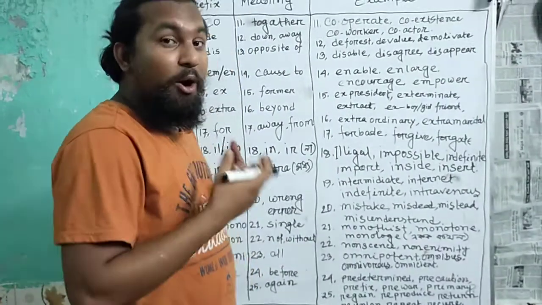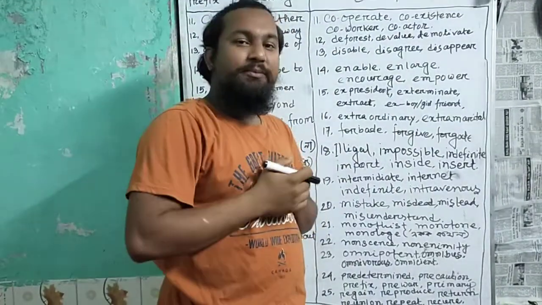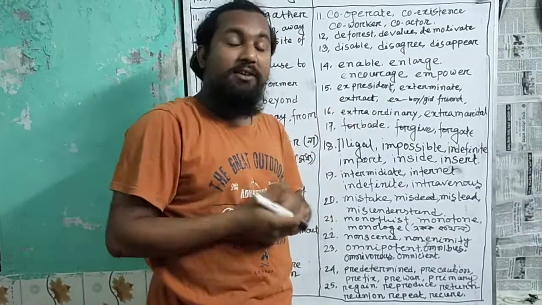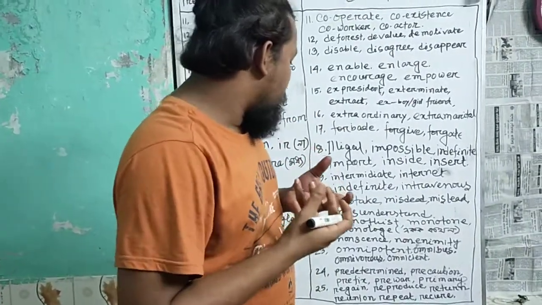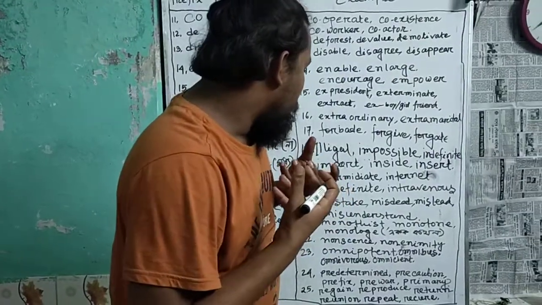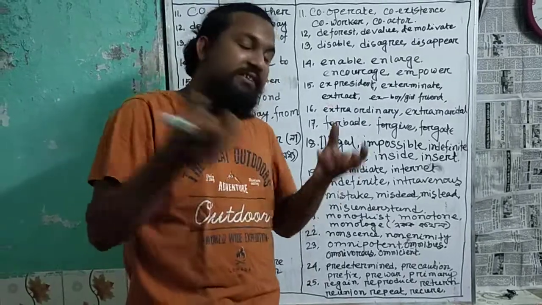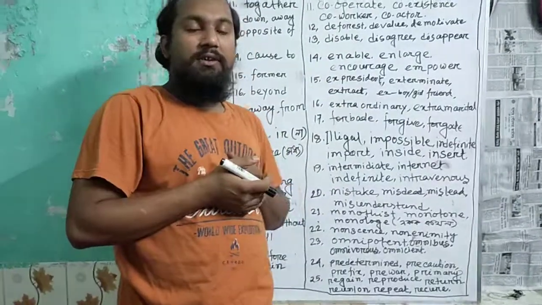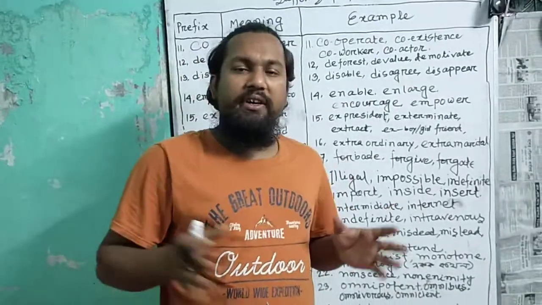Such as he told me: omnipotent, that means Sarva Shaktiman. Omniscient, that means all-knowing, or omnivorous. Omnivorous means the animals who eat everything.